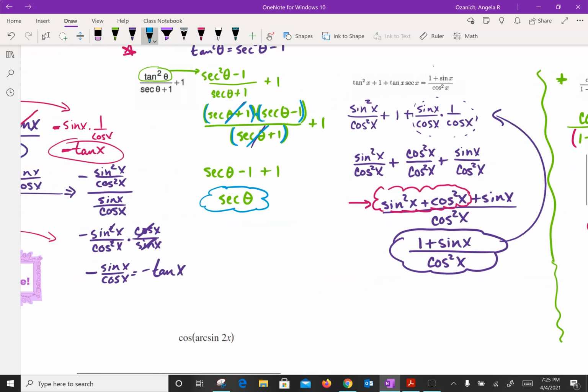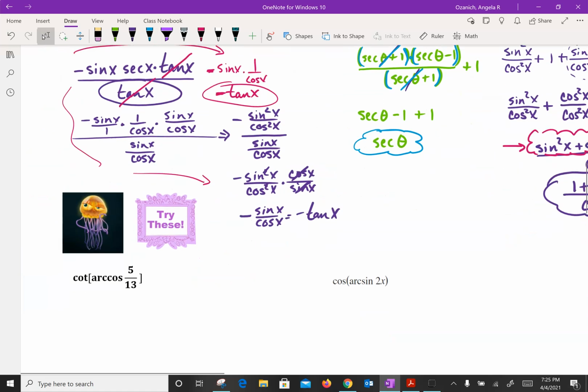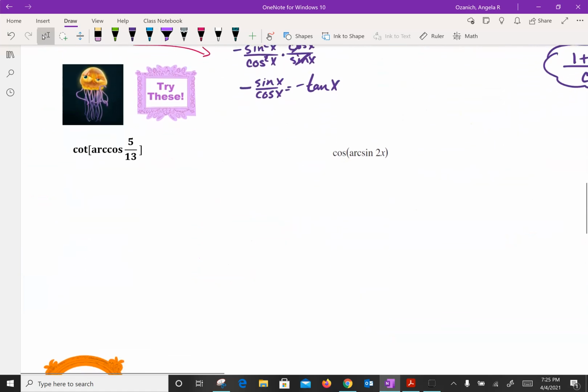Verifying identities, simplifying identities, solving. All done. You will have some problems like these. Give these a try. These are the kind of problems, remember, that we were working on, where you would look for the angle whose cosine is 5/13. So we're looking at something like this, right?